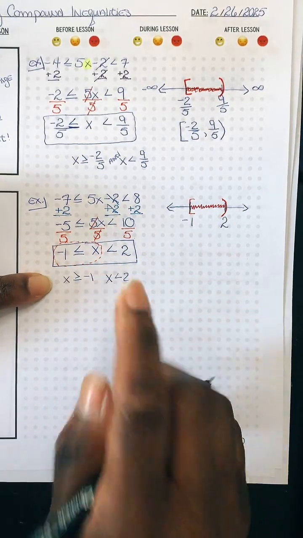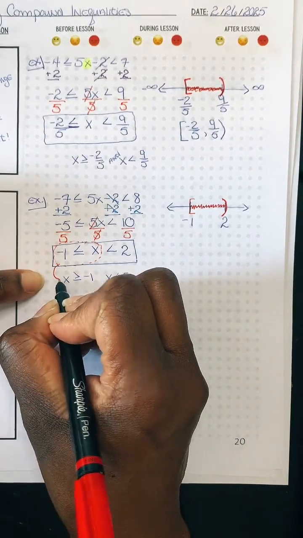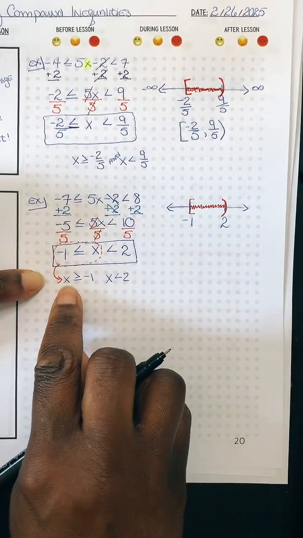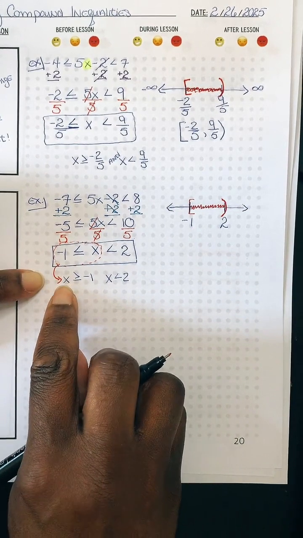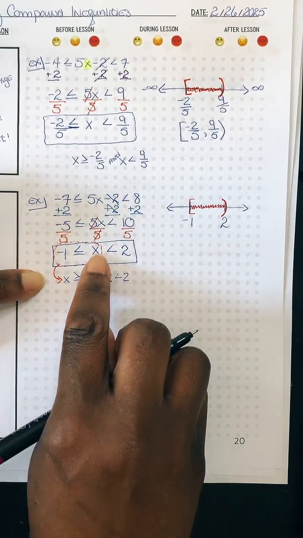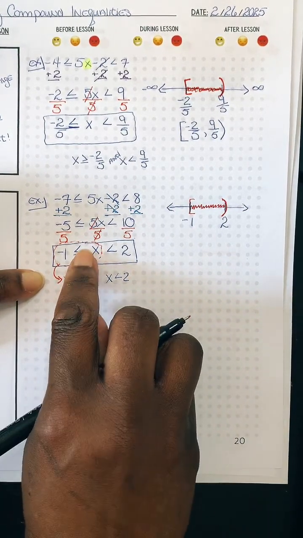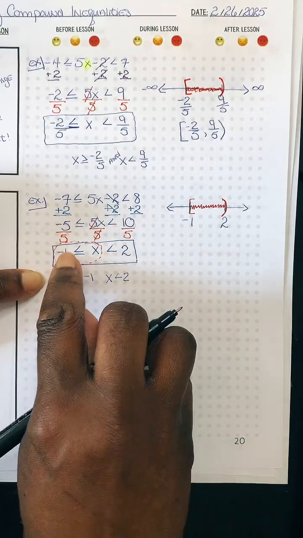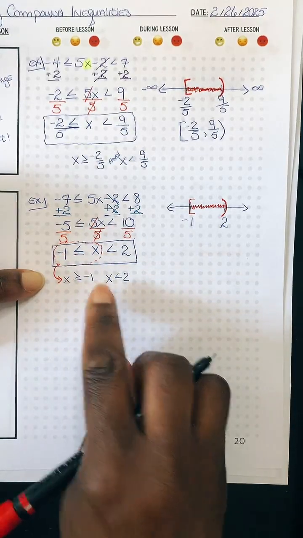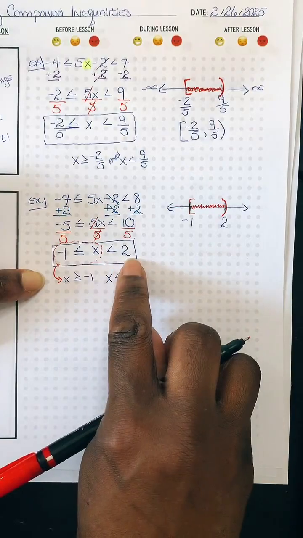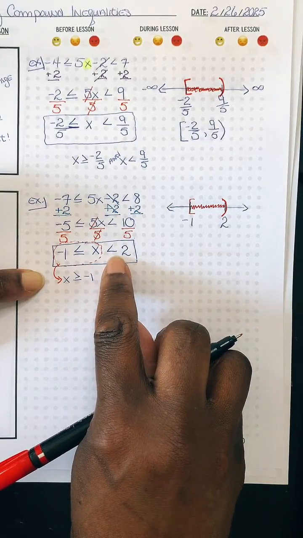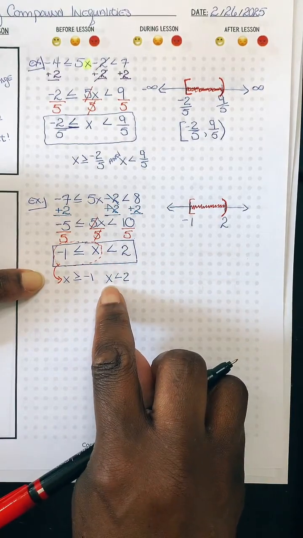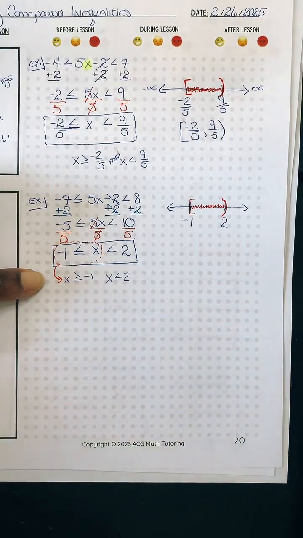So if you want to put it in a way that you can see the x, because we're so used to reading from left to right, you can switch that and make that x greater than -1. But the other one is going to stay exactly the same because x is less than 2. The x is on the left-hand side, so you can read it better.